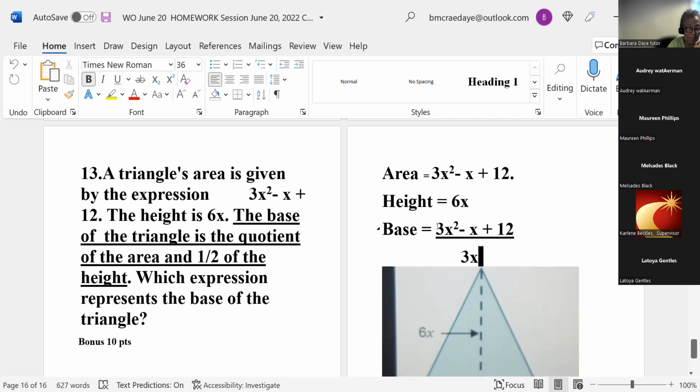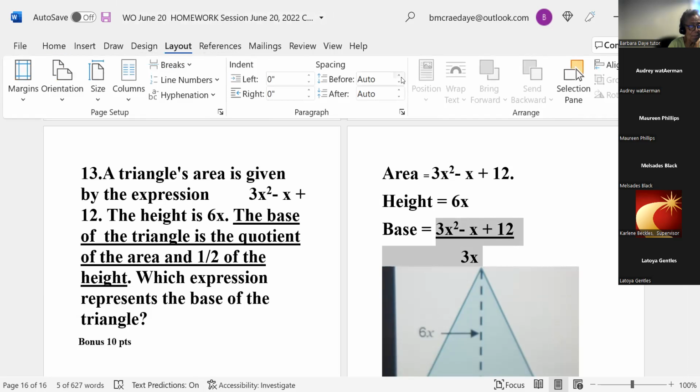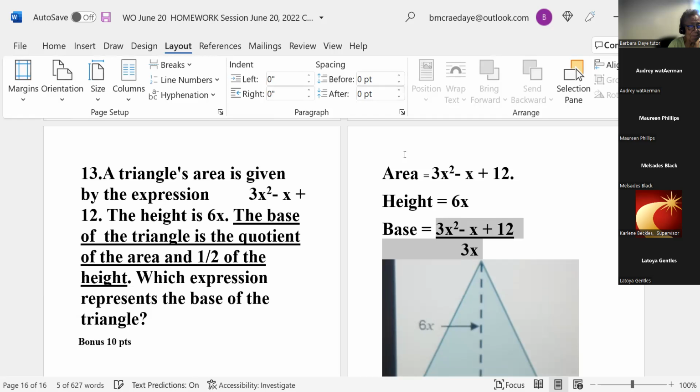Miss, yes, let's say these question. What is 1/2 of the height? If the height is 6x, what's 1/2 of 6x, Mercedes? Half of 6 is 3. I don't understand this. You said 1/2, that means 1.5, right?